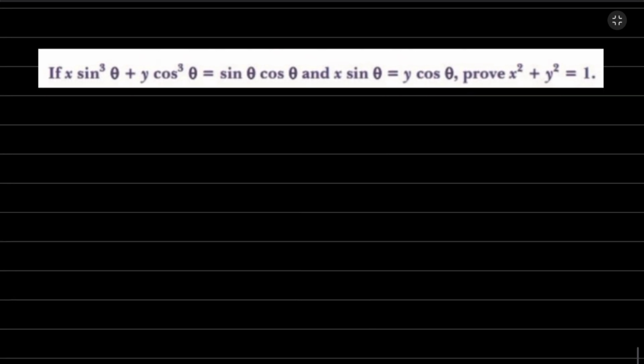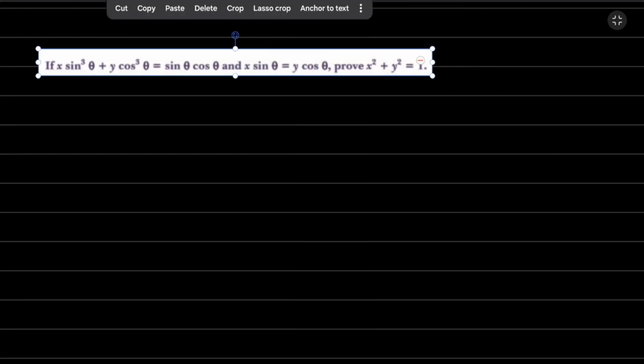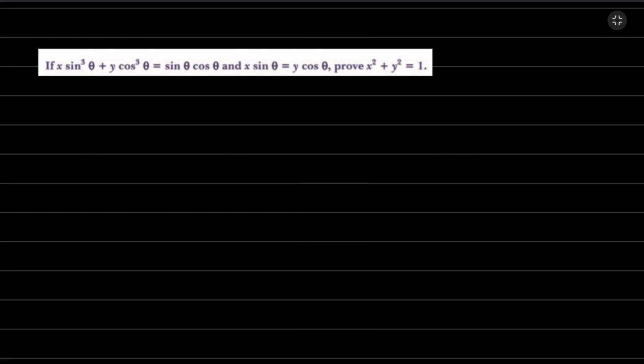Let's do another question. If x sine cube theta plus y cos cube theta is equal to sine theta cos theta and x sine theta equal to y cos theta, prove x square plus y square equal to 1. Again, a very, very good question. You are given x sine cube theta plus y cos cube theta is equal to sine theta cos theta.